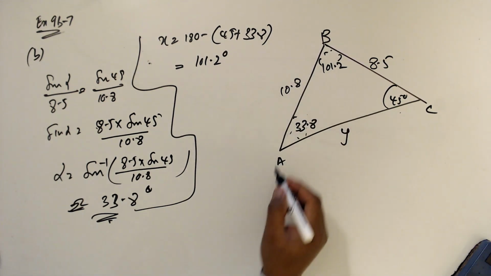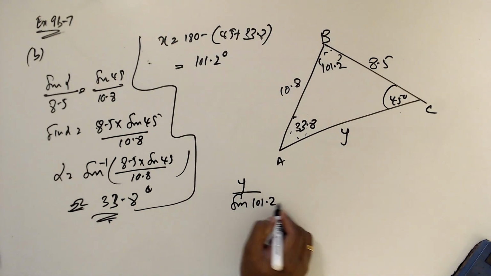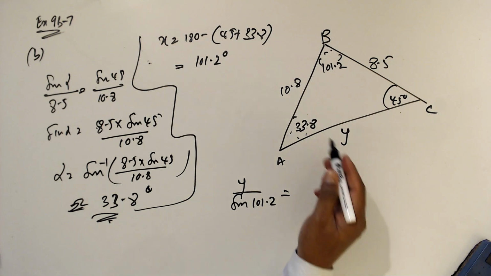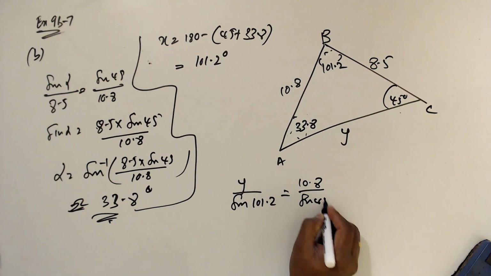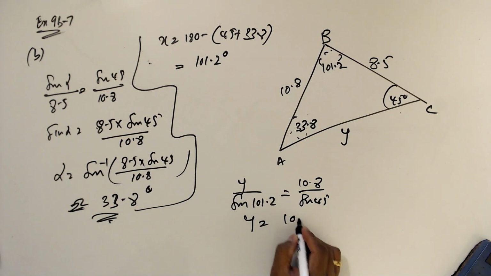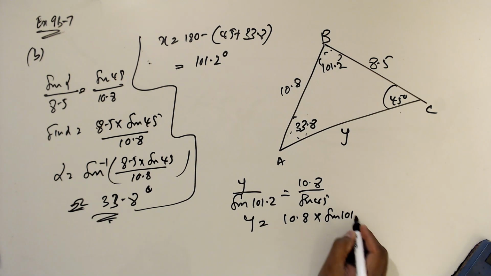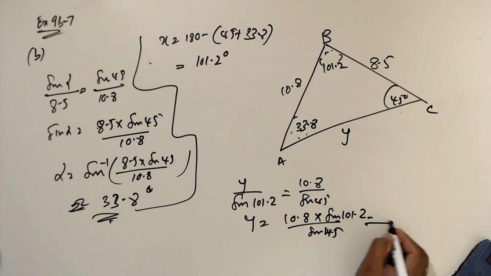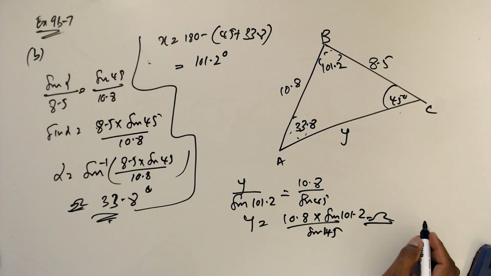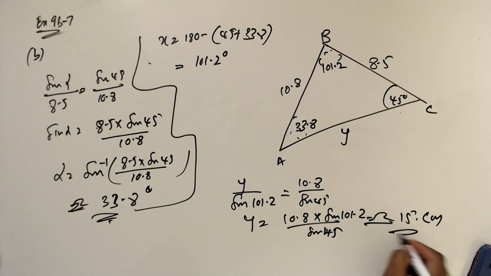Now in the sine rule, y over sine 101.2 equals 10.8 over sine 45. y equals 10.8 times sine 101.2 over sine 45. So this is approximately 15 cm.